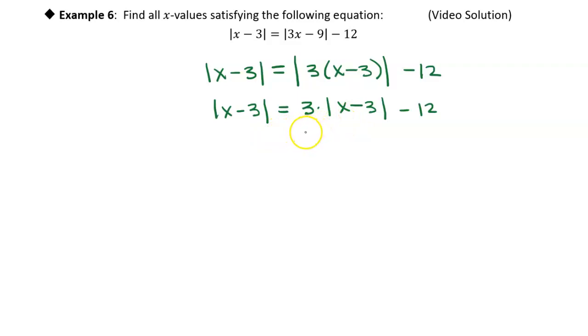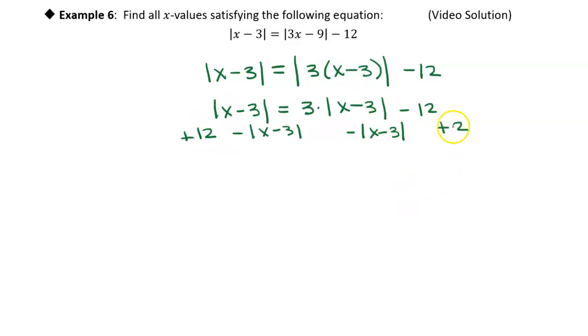I like working with positives, so I'm going to subtract the absolute value of x minus 3 from both sides. And I'm also going to move the 12 over to the other side, so I'm just going to add 12 to both sides.